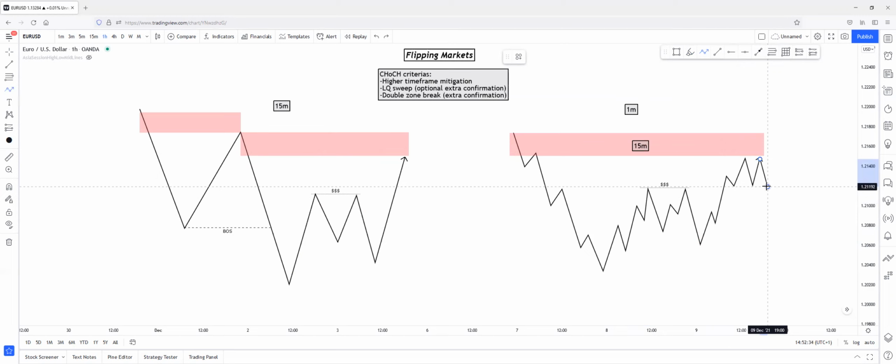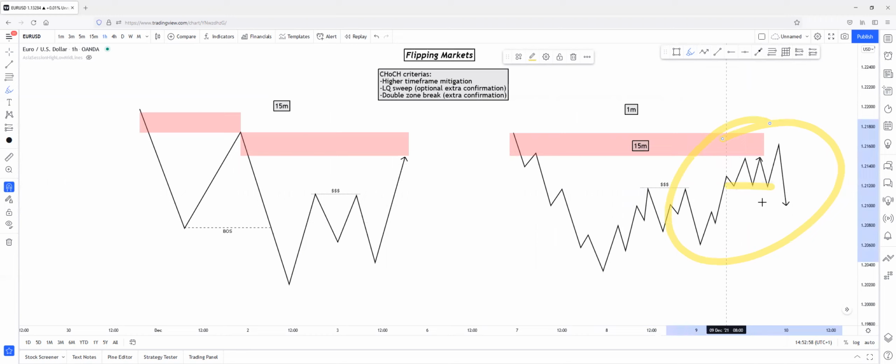So just under the supply zone, the 15-minute supply zone, we have liquidity. If price sweeps the double tops, we will have a liquidity sweep, a strong confirmation. And after the liquidity sweep, the double top sweep and the higher time frame mitigation, price can reverse and sweep the downside liquidity. So these triple bottoms, it can sweep the downside liquidity.